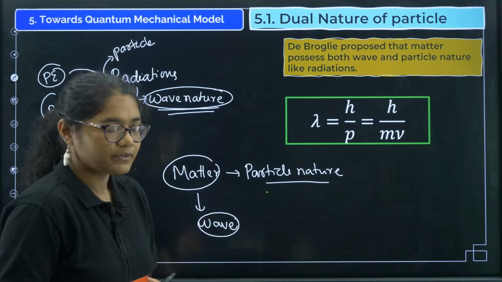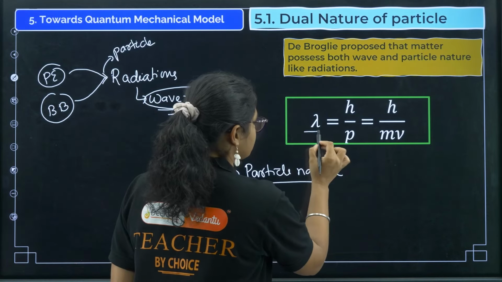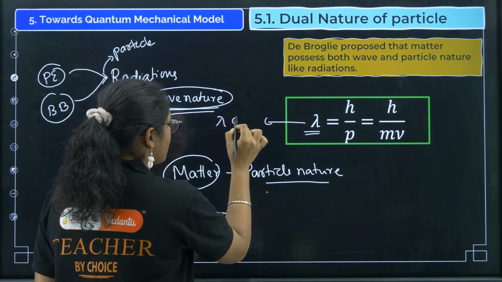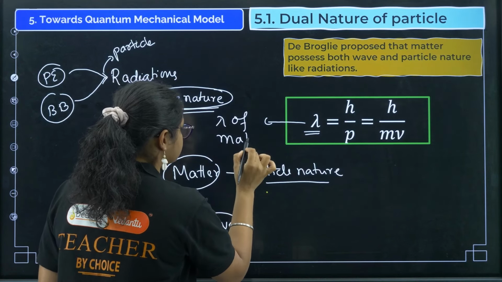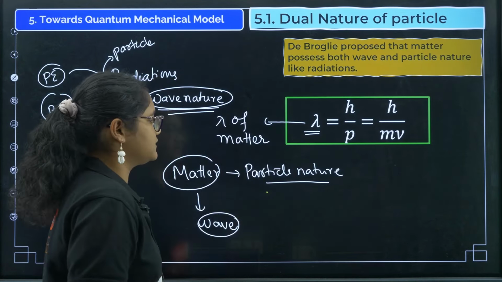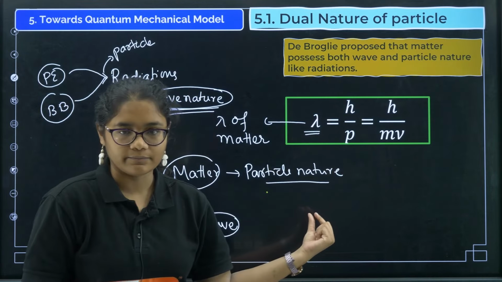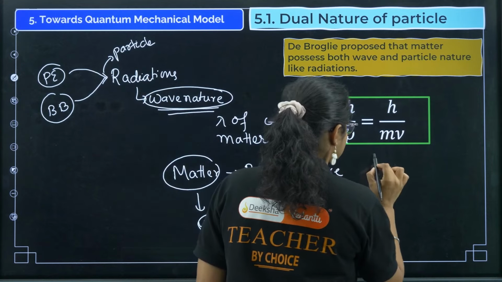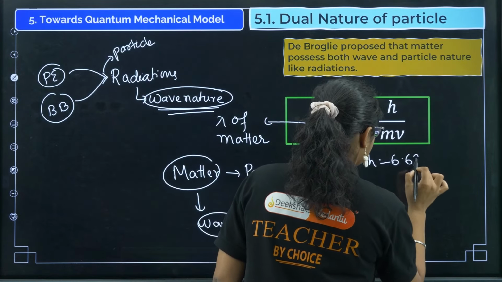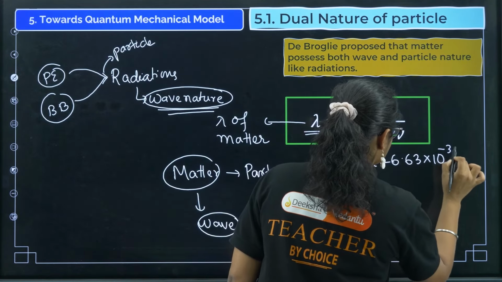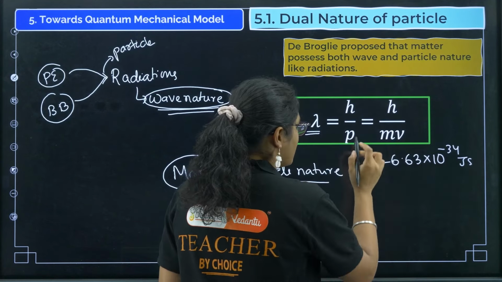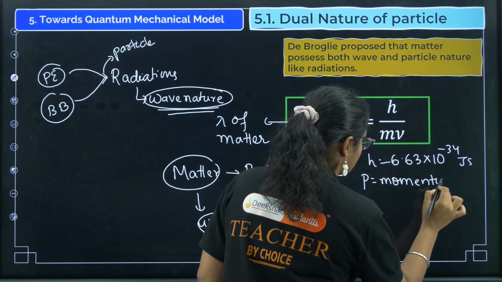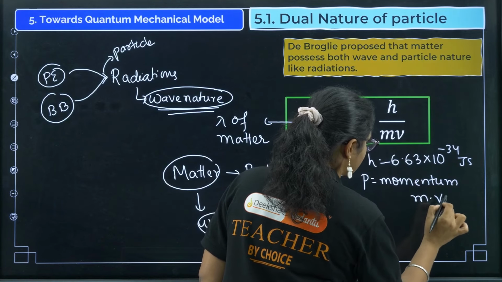then it will have a wavelength also. So to calculate that wavelength, the wavelength of matter, de Broglie gave a formula: λ = h/p, or I can say h/mv. Here h is Planck's constant, that is 6.63 × 10^-34 joule seconds, and p is momentum, which is equal to mass into velocity.